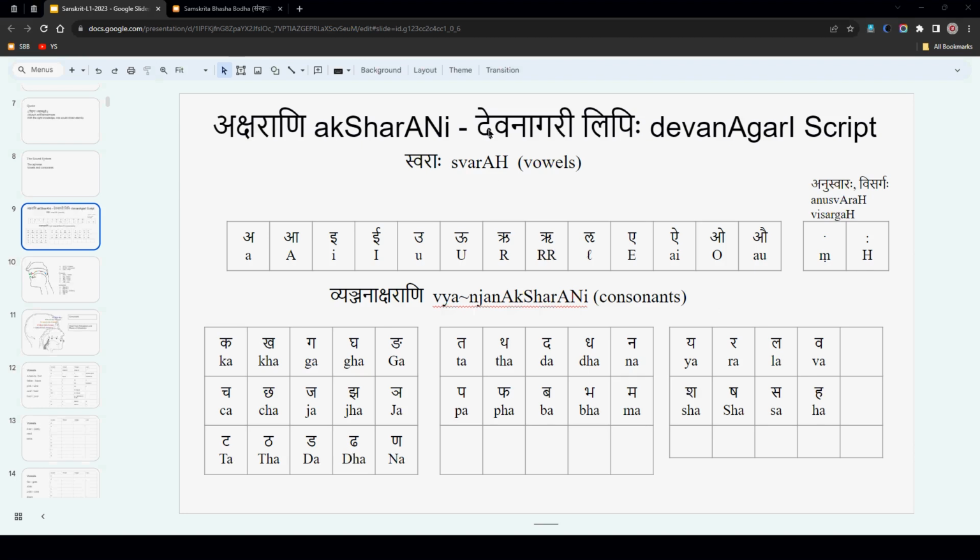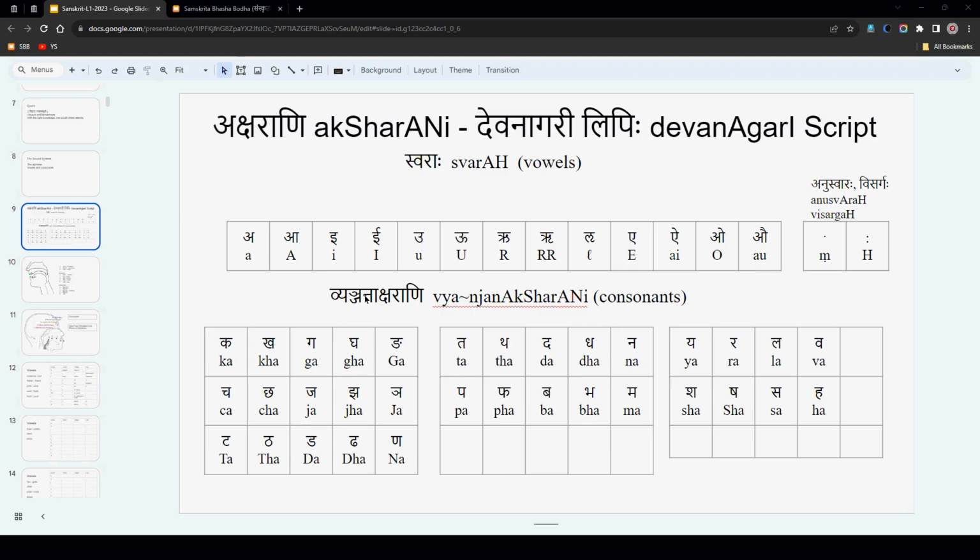The other aspect: what is the difference between swara and vyanjanam here? Swaras, the ones shown from a to au, can be pronounced by themselves. Whereas vyanjanas, which are shown at the bottom here, cannot be pronounced by themselves. They need the help of one of the swaras to be pronounced.